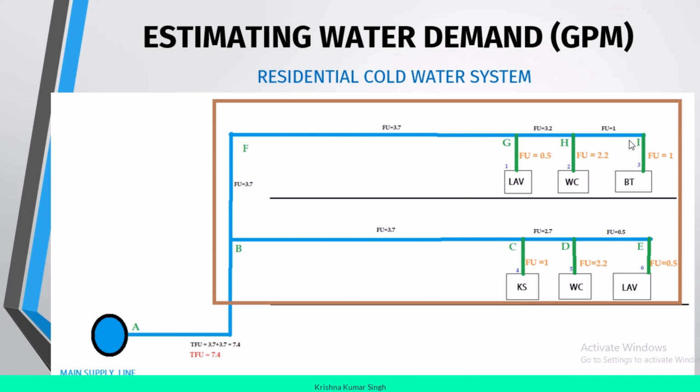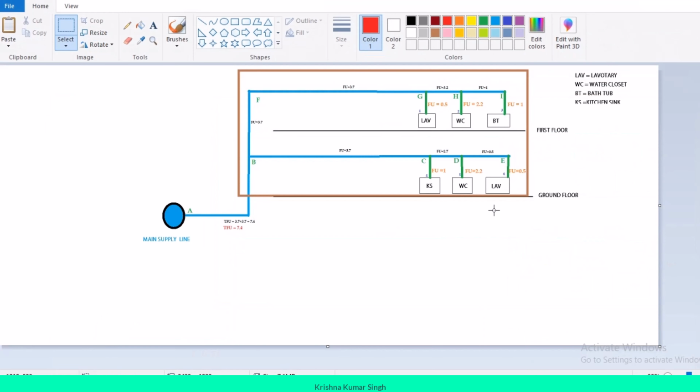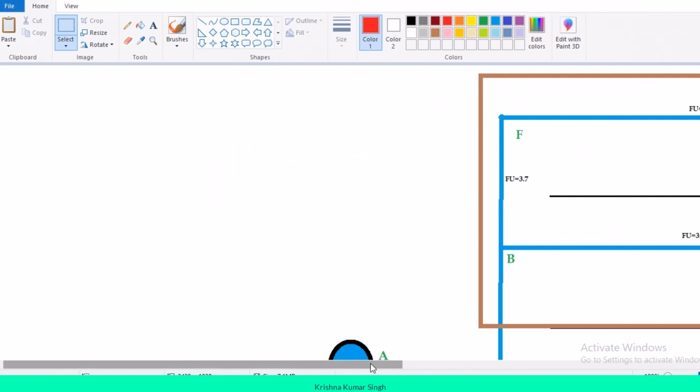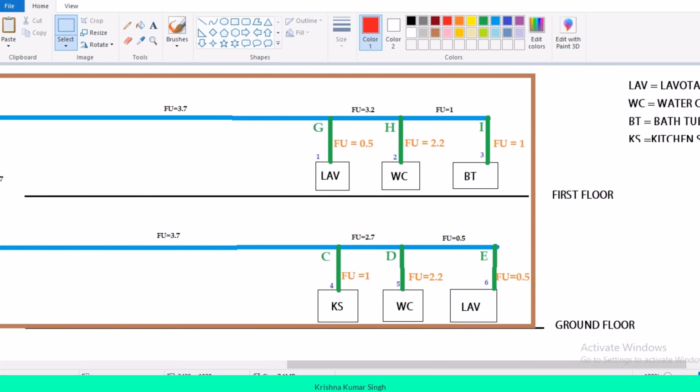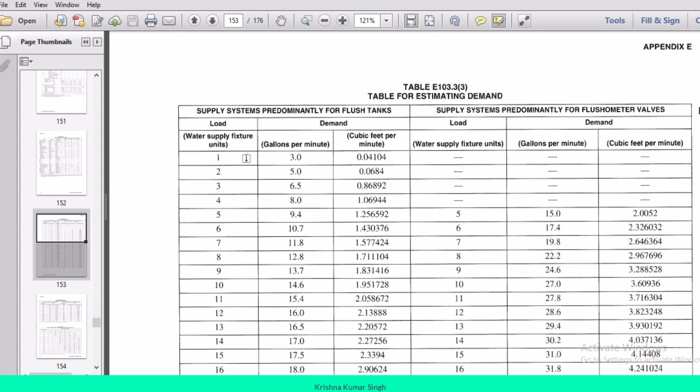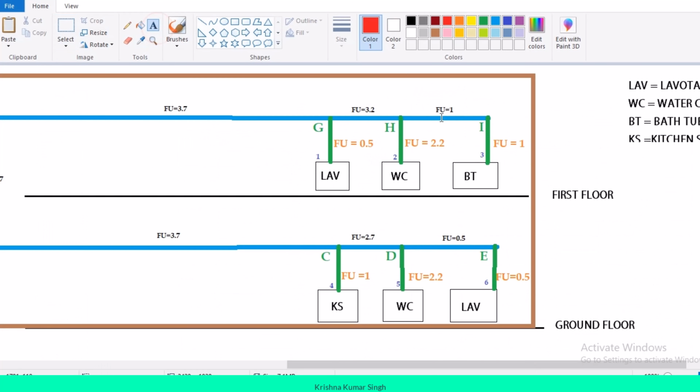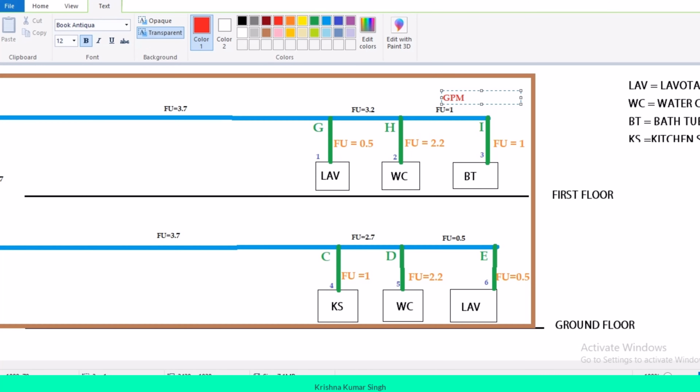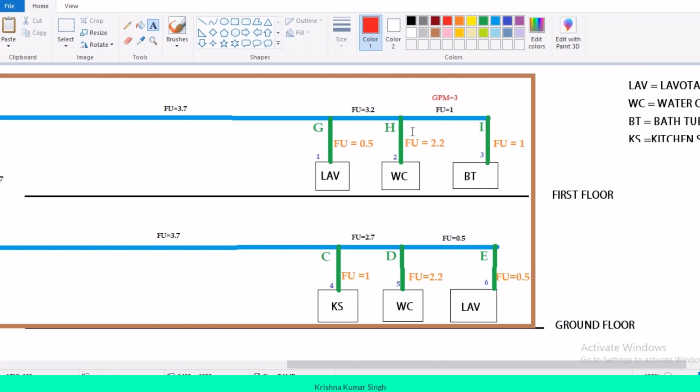The first section is H and I. The fixture unit value is 1, so the GPM will be 3. Write it down: GPM equals 3.